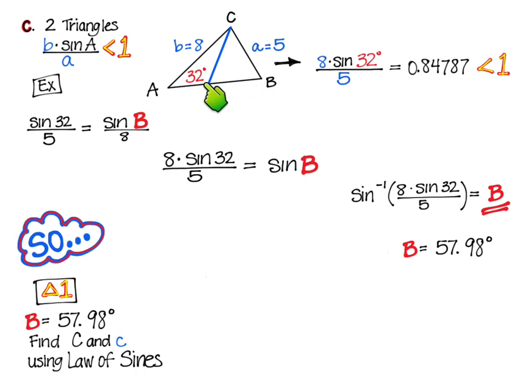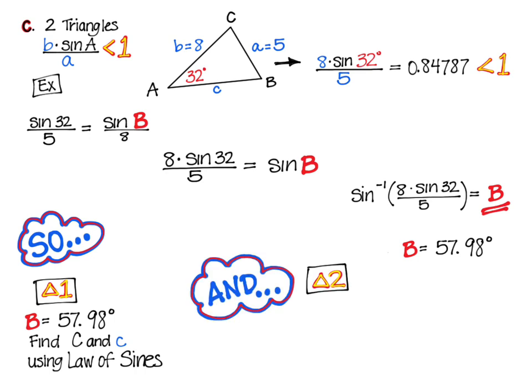I look over here now, this other angle is obtuse. And more importantly, something that we learned from geometry is this angle right here, not the 32, but this obtuse angle right here, plus this acute angle, those two angles will be supplementary, meaning they will add up to 180 degrees.